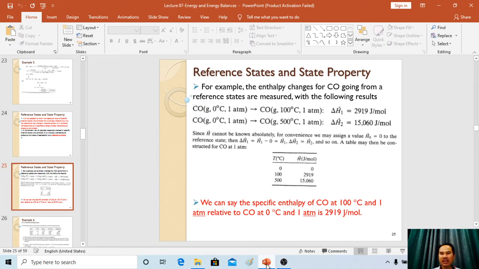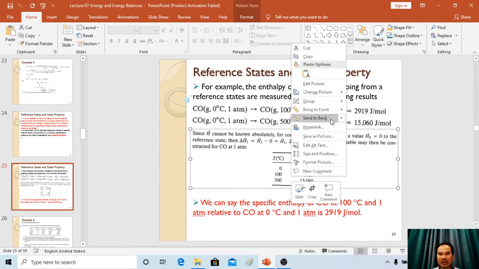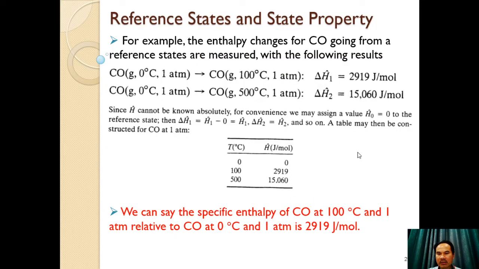That means for this case, delta H1 equals H1 minus H0, or delta H1 is H1 minus 0 equal to H1. And also delta H2 equals H2 minus 0. For this case, delta H1 equals H1 minus H0 and delta H2 equals H2 minus H0.